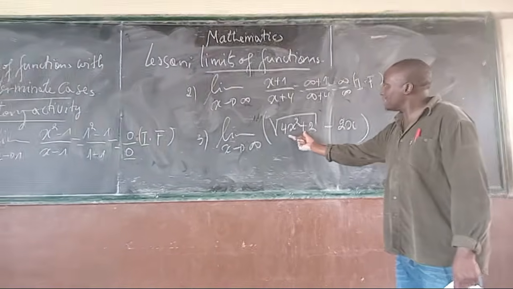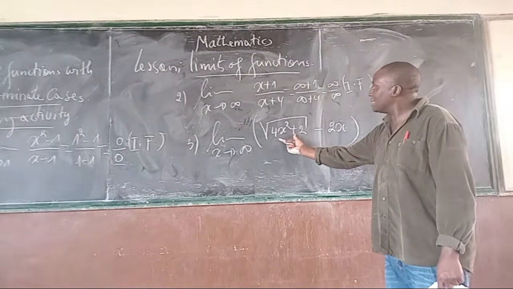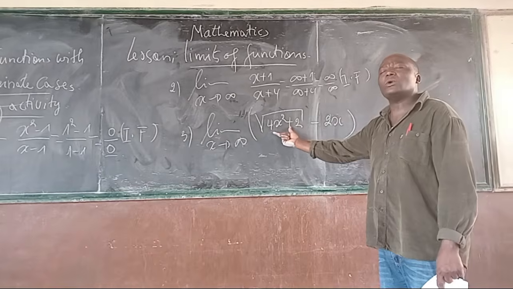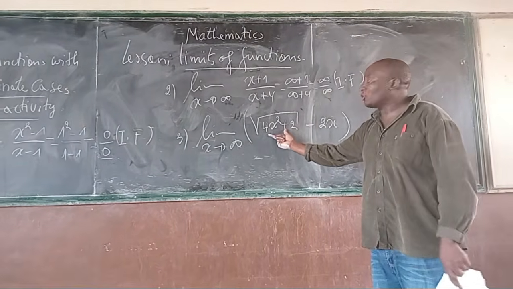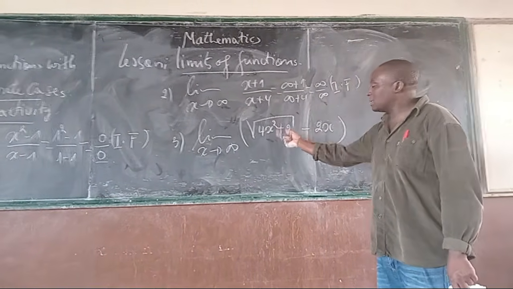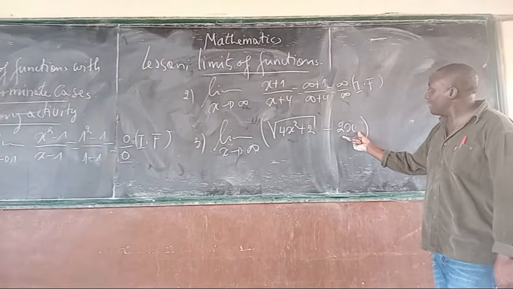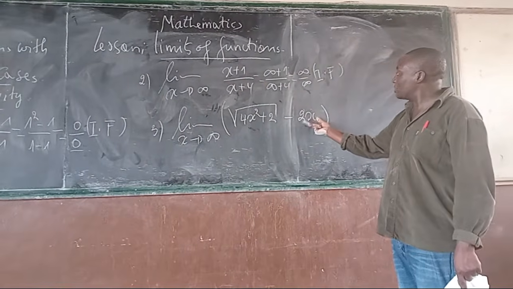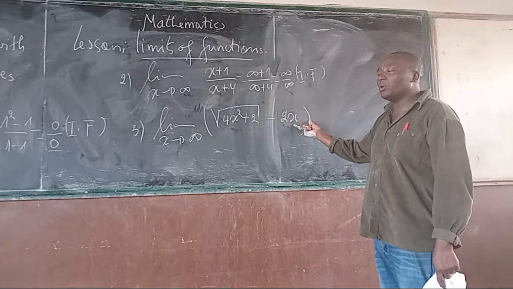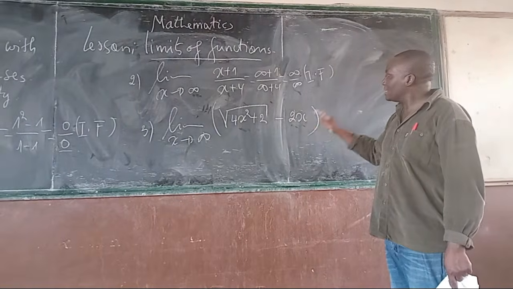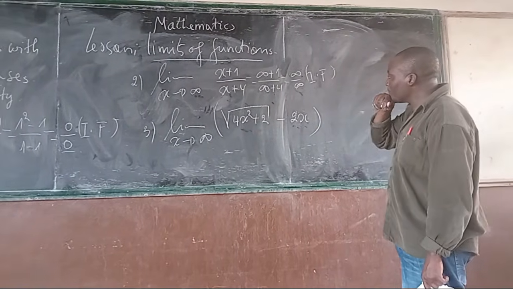The first one is expressed in radical form, so it is a radical function. The second function has only one term; it is a polynomial function with one term, a monomial.